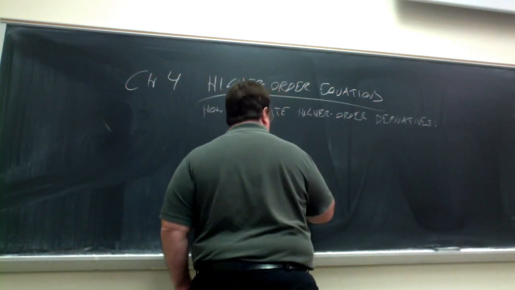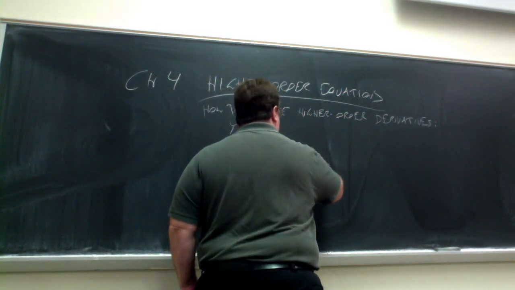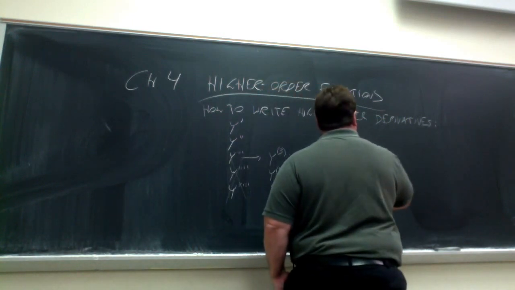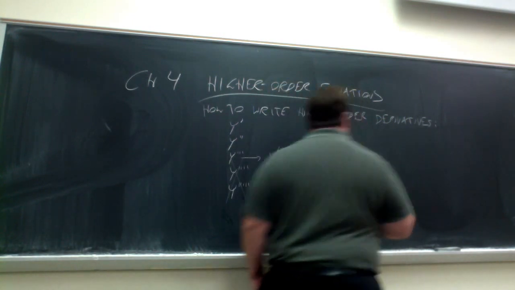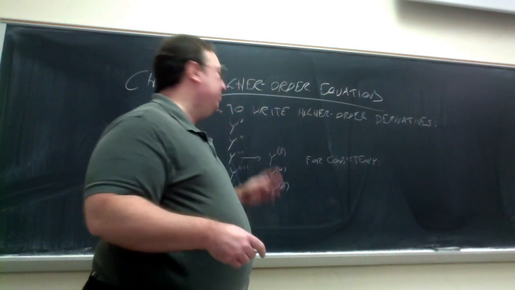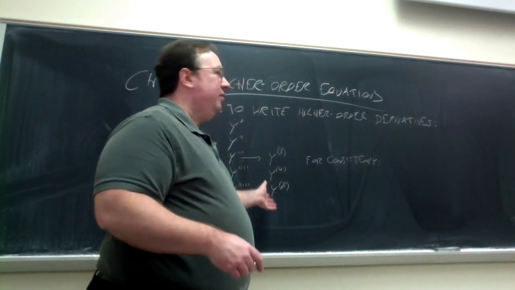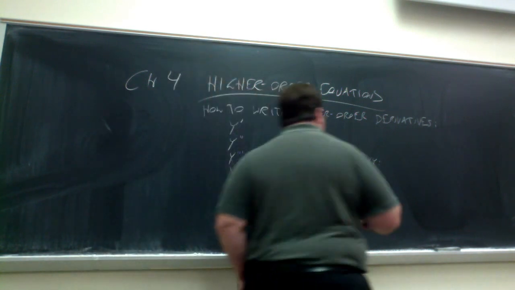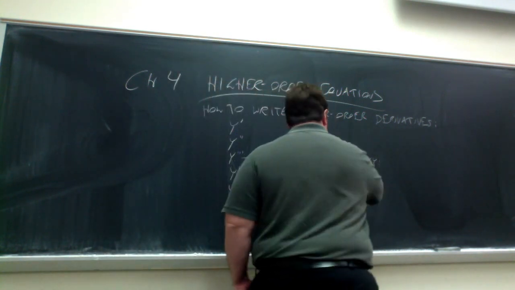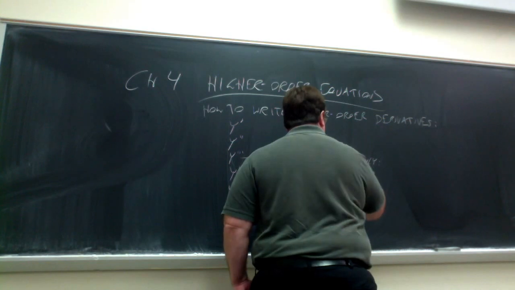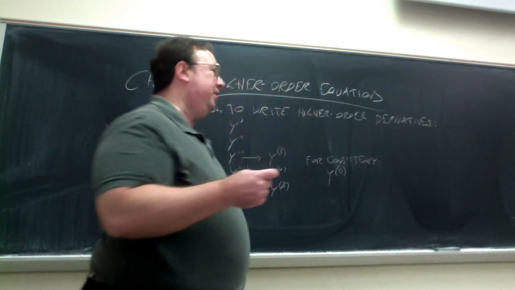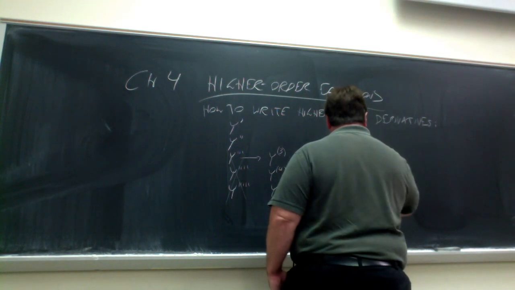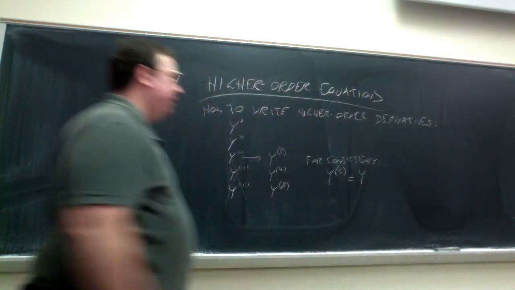Also, for consistency, I'm going to be describing certain general equations in terms of this notation for whatever order derivative, even first or second, or even no derivative at all. So y superscript 0 in parentheses means you're not differentiating at all, zero times, so that's just y.